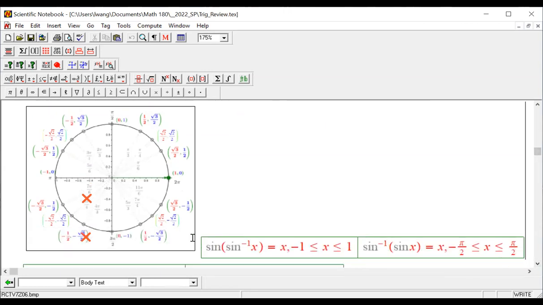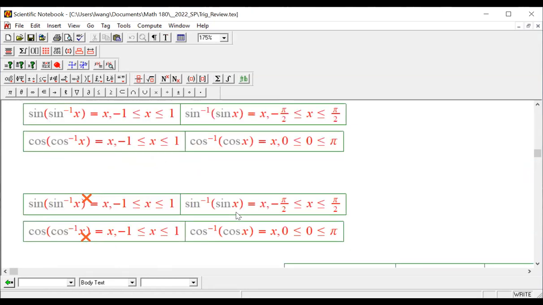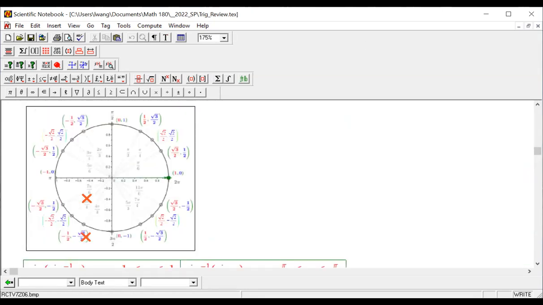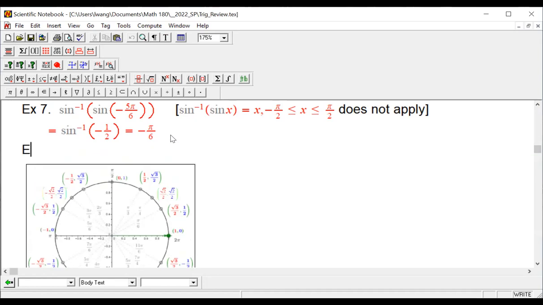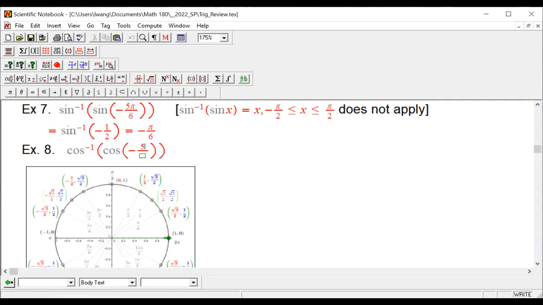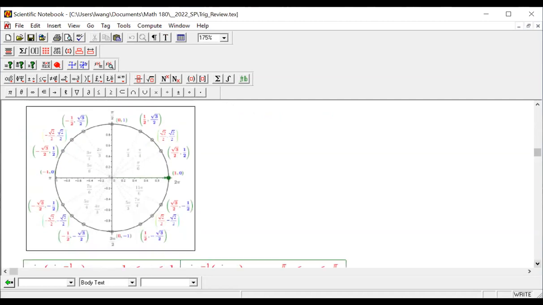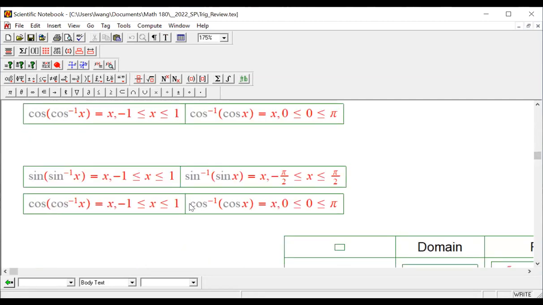There are other ways if you want to explore those. So I'm going to do 2 more examples. Example number 8, arc cosine of cosine of negative 5 pi over 6. Obviously, the shortcut does not apply.